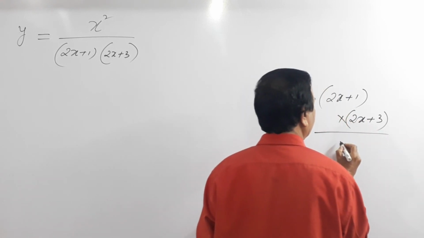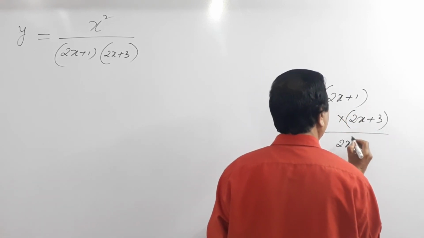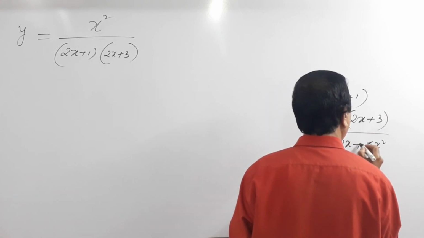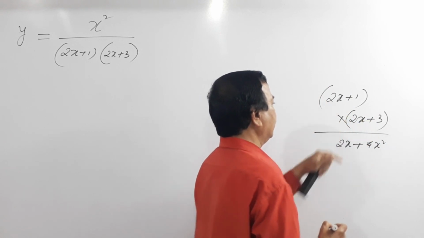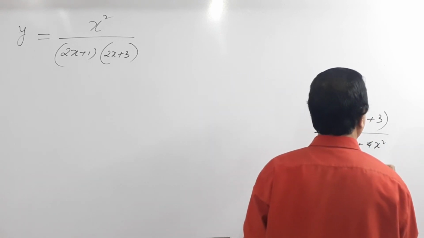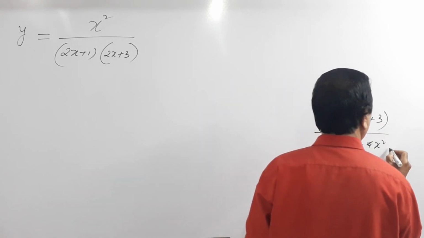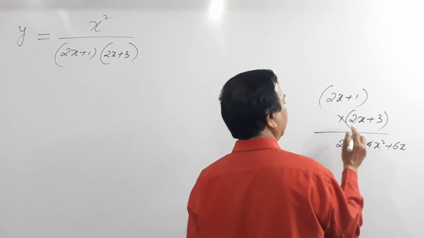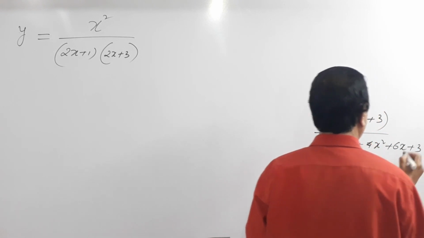So what happens here? This will be 4x square, then 2x plus 6x, and 3.